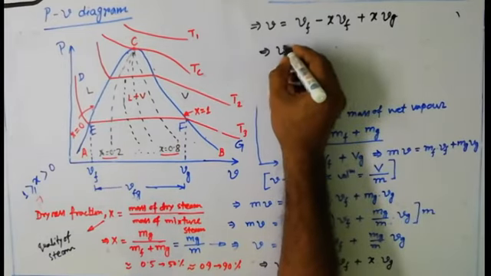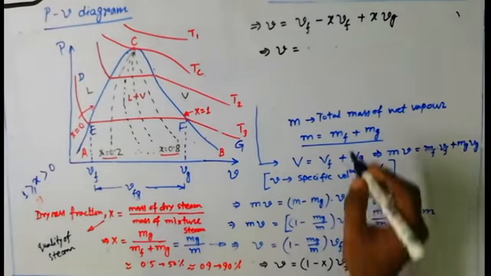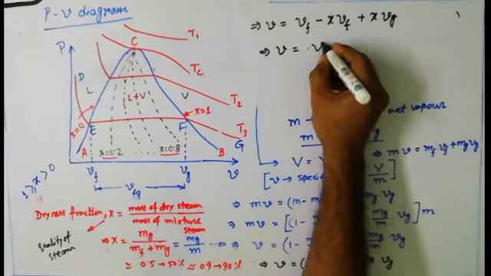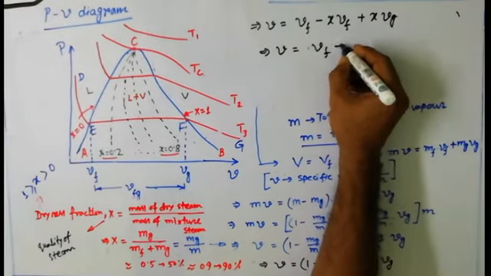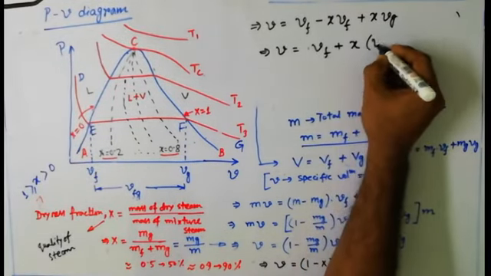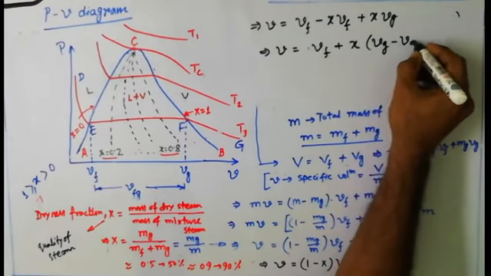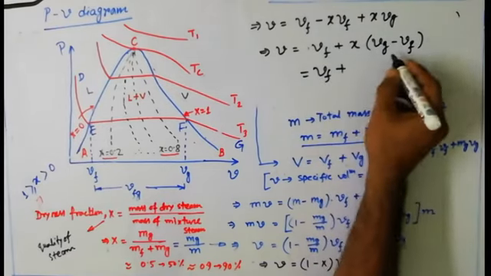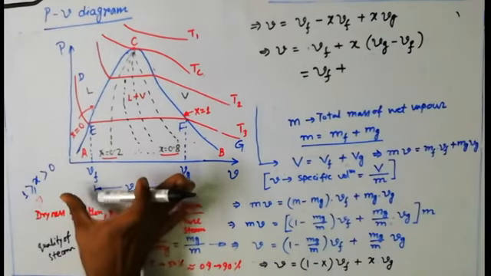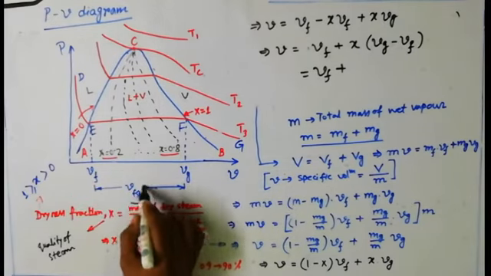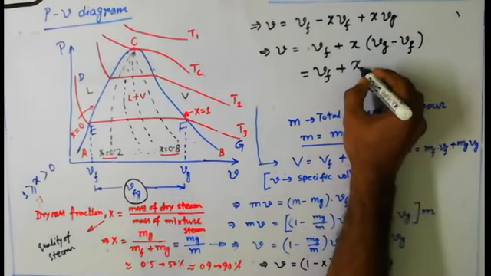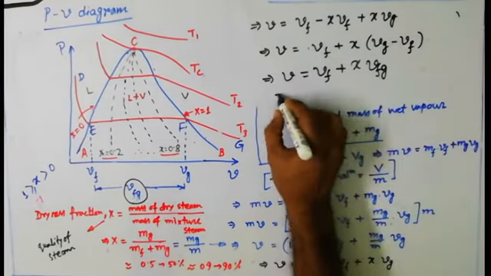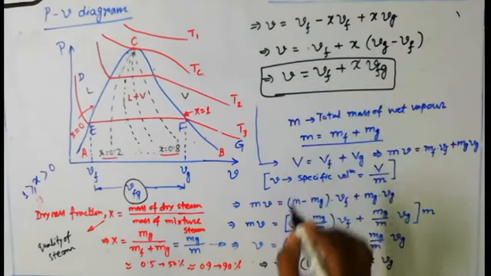So finally I am getting the specific volume of that particular wet steam, that is Vf plus x, taking it as common, Vg minus Vf. Vg minus Vf is nothing but Vfg, whatever I have written over there. So x into Vfg, plus Vf, will be equal to small v. That is the final expression we are trying to build.